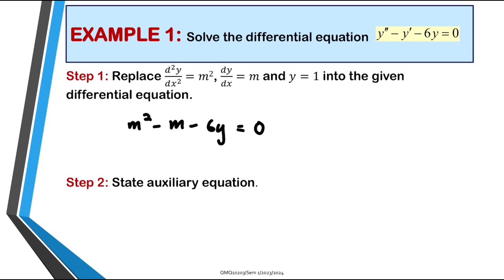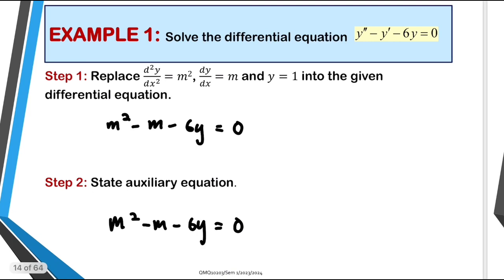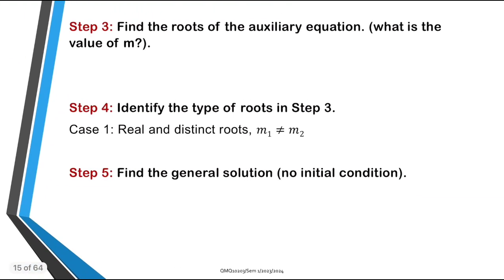So step number 2, state the auxiliary equation. So this is the auxiliary equation. What is our auxiliary equation? m squared minus m minus 6 equal to 0. Step number 3, find the roots of the auxiliary equation. Because we have a quadratic equation, we can factorize it.